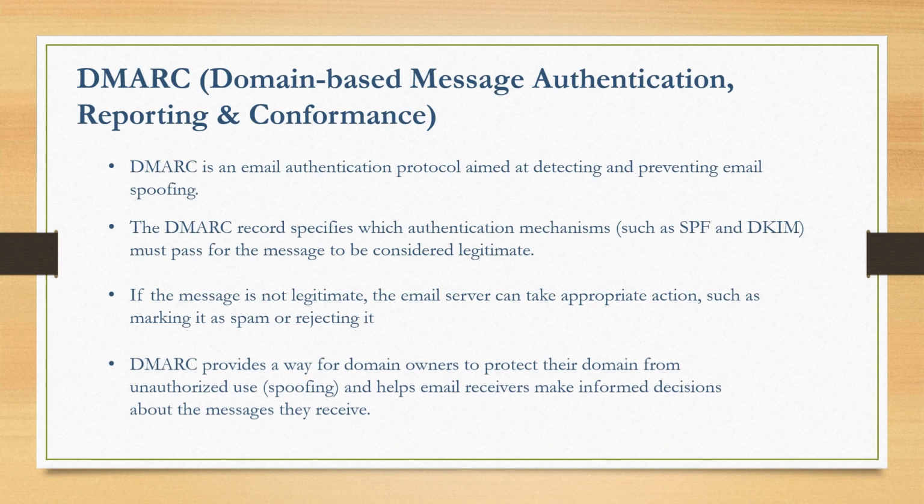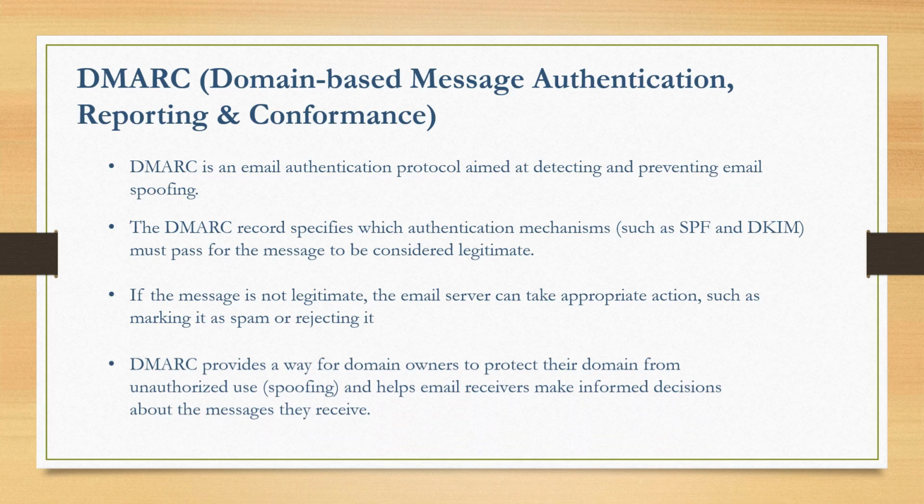As I explained already, DMARC is an email authentication protocol, and it is mainly used to detect and prevent email spoofing. DMARC records specify which authentication mechanism must pass for the message to be considered legitimate. If you are sending a message, then your message must pass SPF or DKIM.